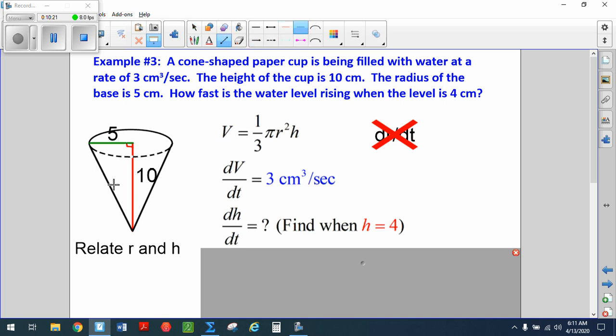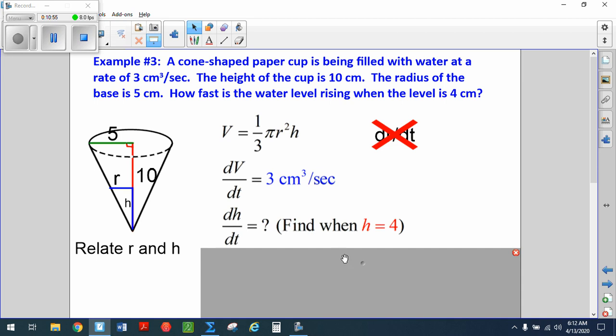But if I choose a different spot, then I have a different radius and a different height. And if you look at the blue triangle, so to speak, and the red-green triangle, those are similar triangles.